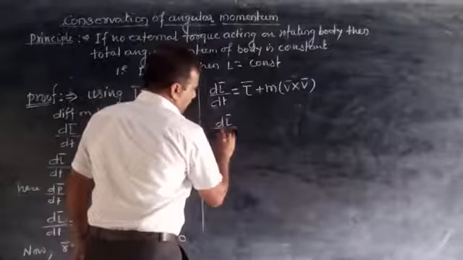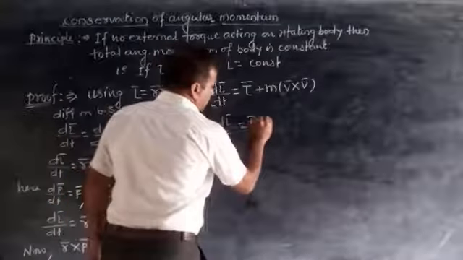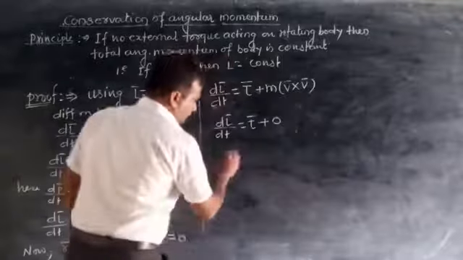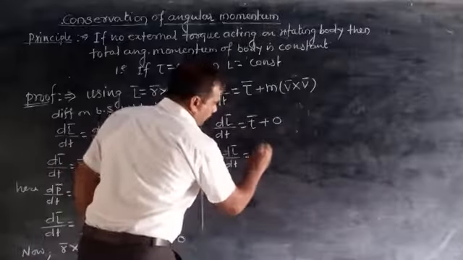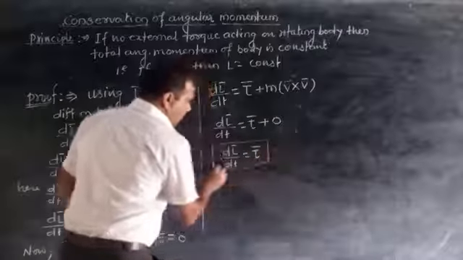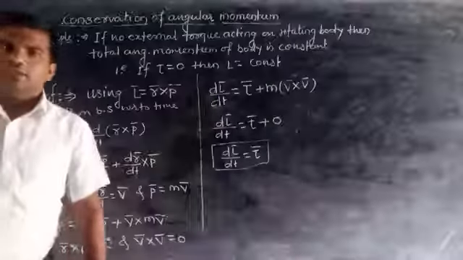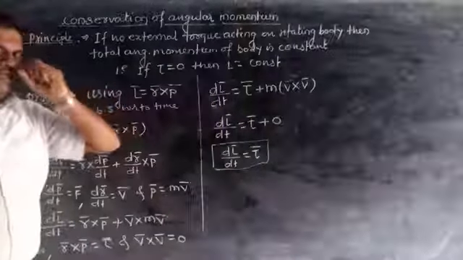Therefore dL bar by dt is equal to tau bar plus 0. Therefore dL bar by dt is equal to tau bar. This is the expression for torque in terms of angular momentum.